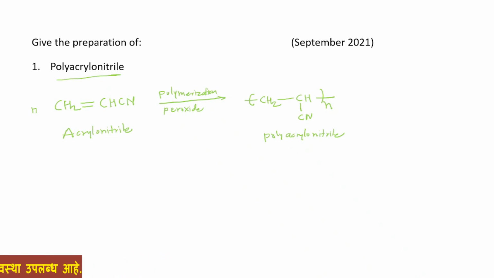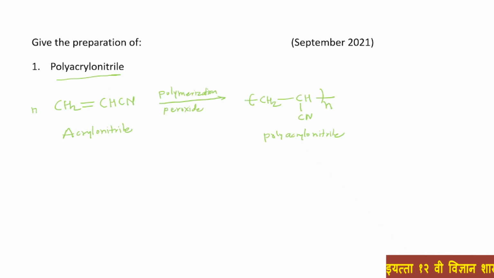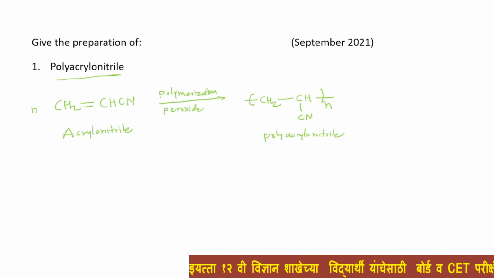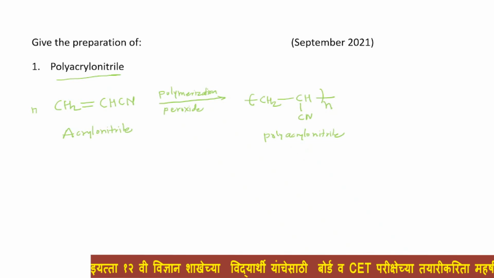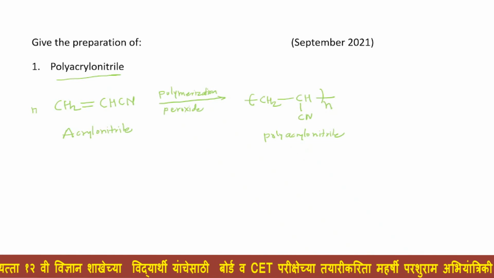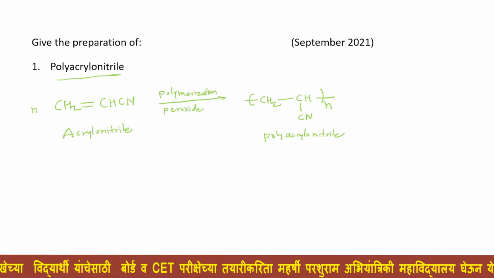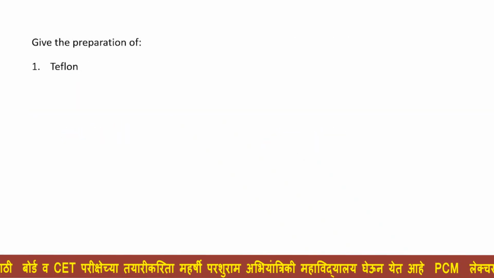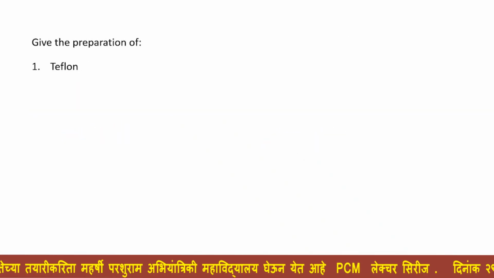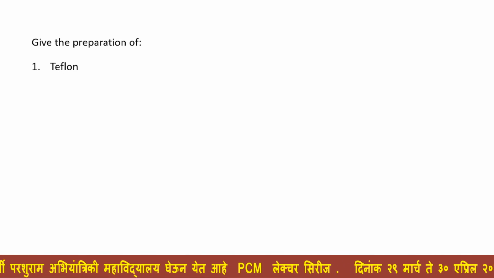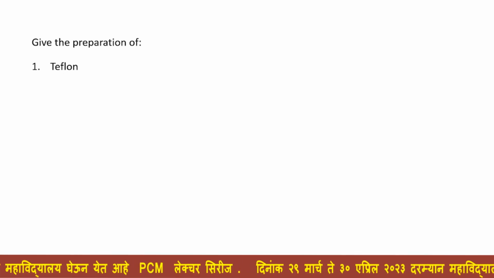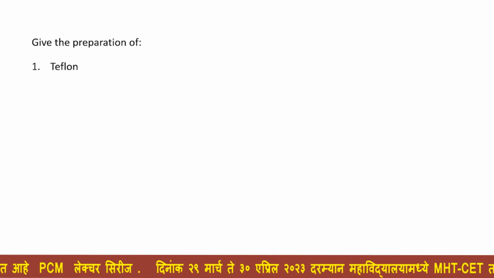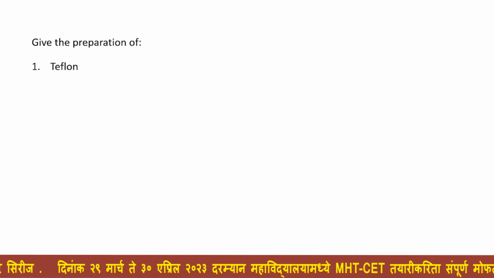So this is the simple one-step reaction you have to show to prepare polyacrylonitrile. This polyacrylonitrile resembles wool and is used as a wool substitute and for making Orlon or Acrylan like substances. Similarly, one more preparation can be asked in the exam, which is again short and given in your syllabus, that is Teflon.